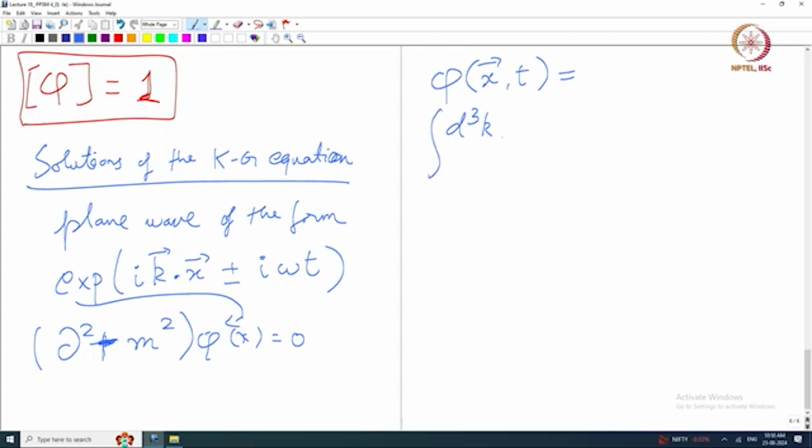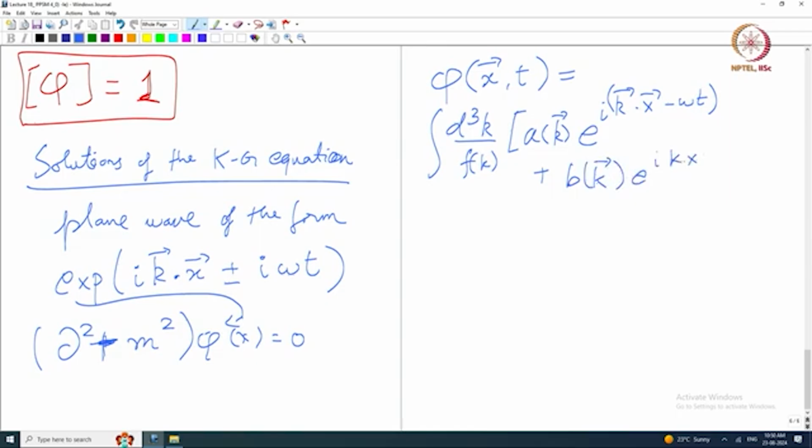the solution as some measure, which I will get to in a second, times some coefficient, times e to the power i(k·x − ωt), plus another arbitrary coefficient times e to the power i(k·x + ωt).